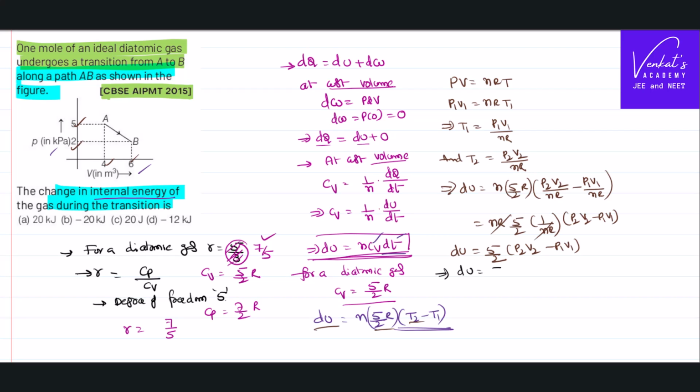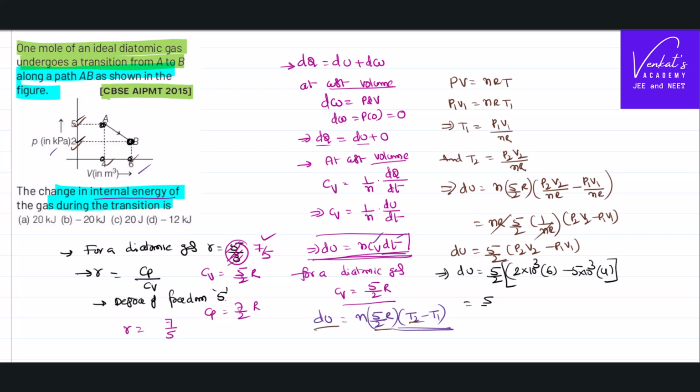Change in internal energy is 5 by 2. P2 means this place, that is the pressure, 2 kilopascal, that is 2 into 10 power 3. V2 means 6 meter cube. Minus P1, corresponding P1 is 5 kilo, meaning 10 power 3. V1 is this value, 4 meter cube.